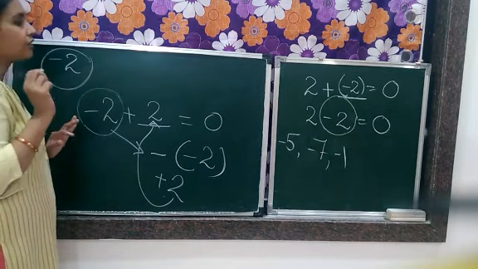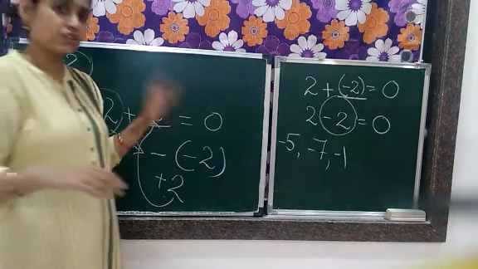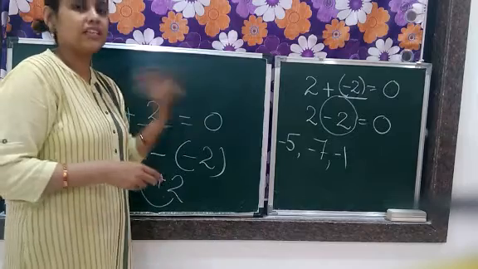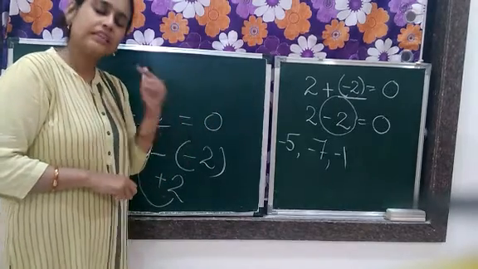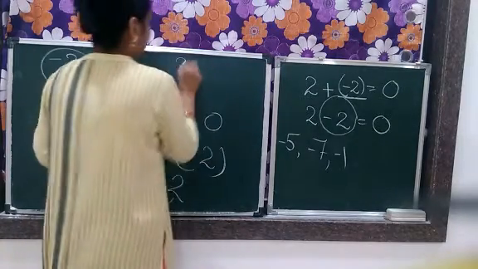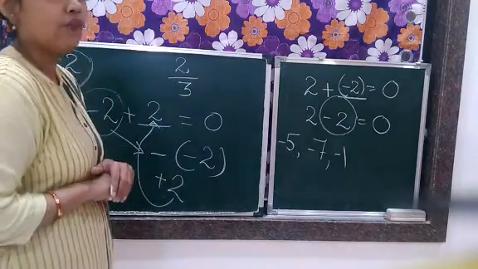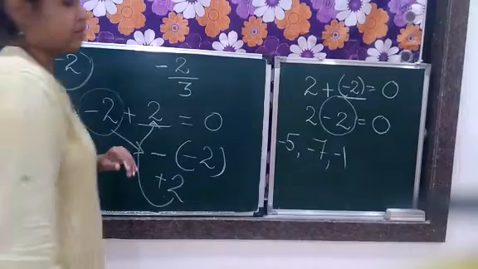Okay, so this we completed. So actually in subtraction, these concepts we follow. That is why we did it. Now we studied this for integers. The same is applicable on rational numbers. So what is the additive inverse of 2 by 3? Minus 2 by 3.